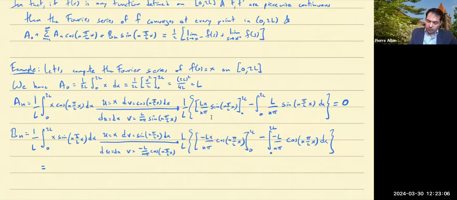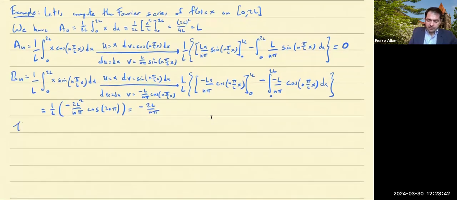So we have 1 over L times minus 2L squared over n pi times cosine. Okay, and I'm going to put in x equal to 2L, so I end up with 2n times pi. Cosine of 2n pi is equal to 1. And so we just end up with minus 2L over n pi.